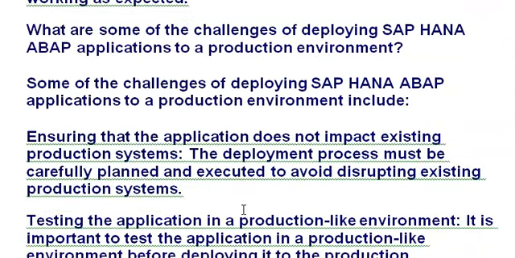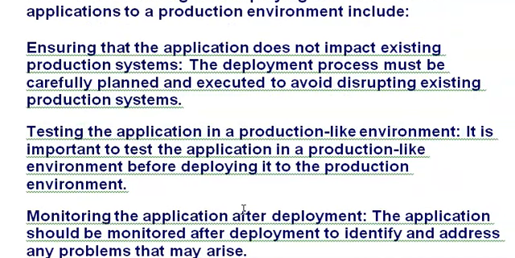So, what are some of the challenges of deploying SAP HANA web applications for a production environment? Some of the challenges would be ensuring that the application does not impact existing production system. The deployment process must be carefully planned and executed to avoid disrupting existing production system.